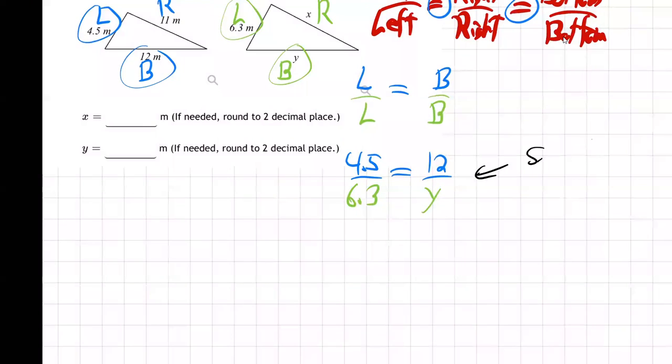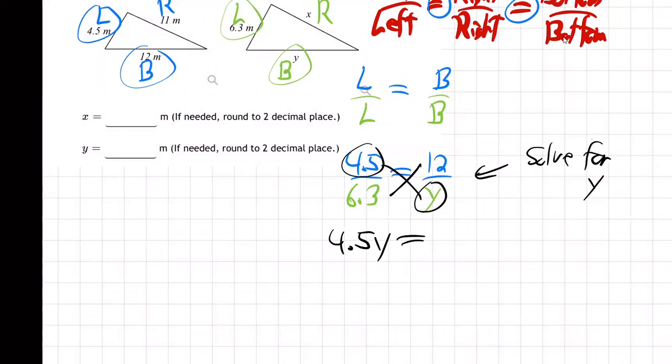Now solve for y. How do I solve? Go diagonal. Remember, we've learned when you have just two equal fractions, you can just go diagonal. So 4.5 times y equals 6.3 times 12, like that. So 4.5 times y equals, and you just use your calculator.